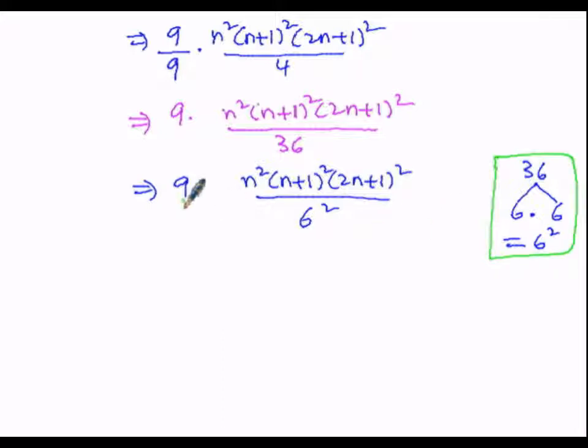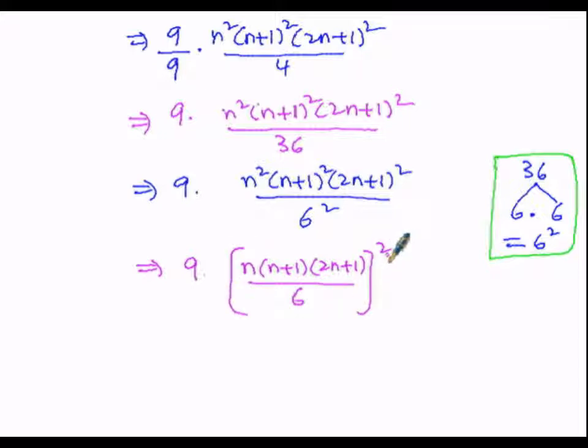Then now the next logical step will be, for each and every term there is exponent 2, 2 and 2. So here we can overall write as n into n plus 1 into 2n plus 1 whole divided by 6, but whole square, because the exponent is 2. Then now I got this logical step.